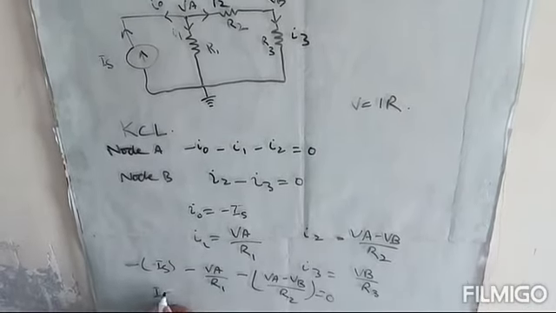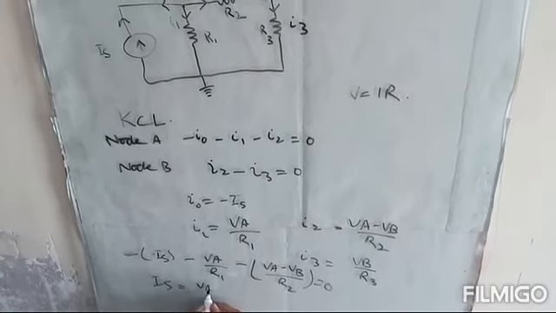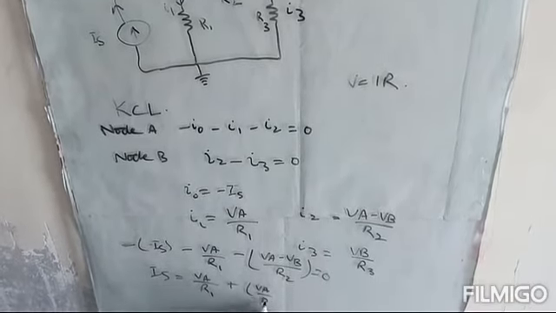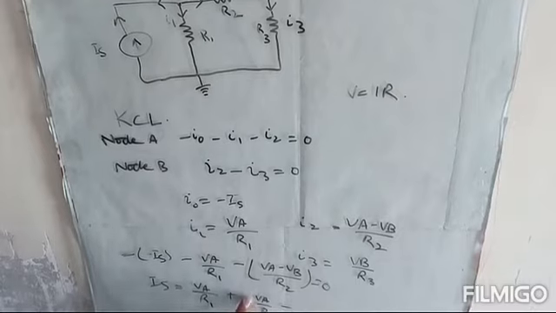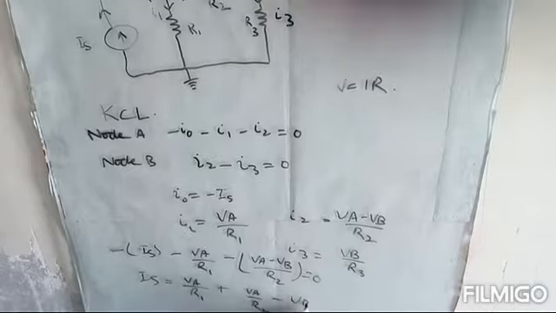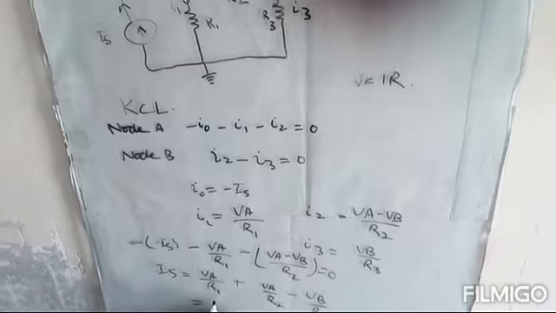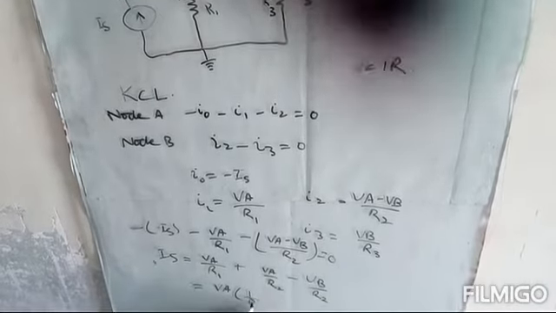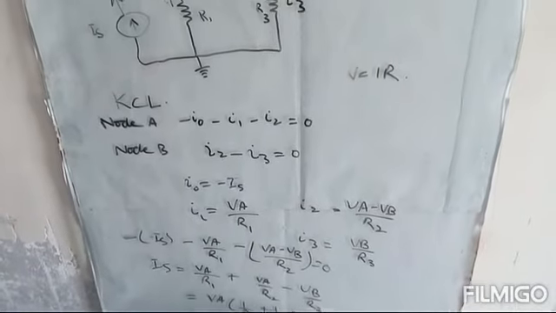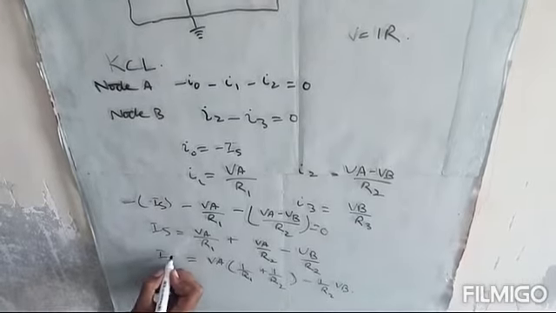This will become positive IS, and we will take both these terms on the other side, so they will become positive VA over R1 plus VA over R2 minus VB over R2. We can take VA common, VA into 1 over R1 plus 1 over R2, minus 1 over R2 VB, and this is equal to IS.